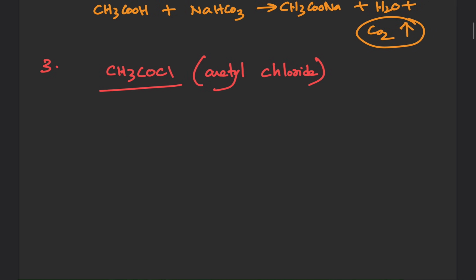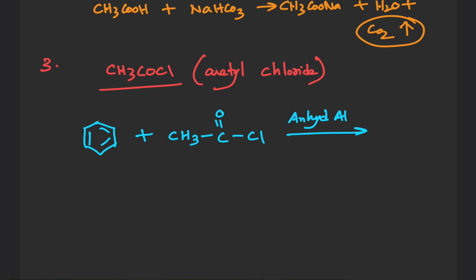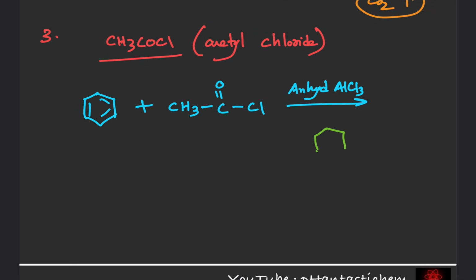That is, with respect to the reaction, if we start with benzene and react it with acetyl chloride, CH3COCl, in the presence of anhydrous AlCl3, we will get a benzene ring with C double bond O CH3. So this is our acetophenone, and HCl is the side product.